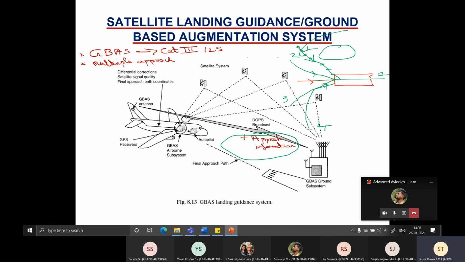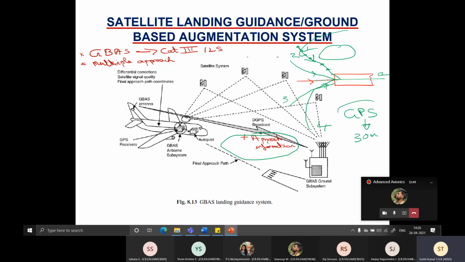Anyone else in the class? Okay. The whole system will work only if the GPS is accurate. And GPS can always give an error of around 30 meters, right? So 30 meters on approach is about 100 feet on either side. That's going to be really dicey.